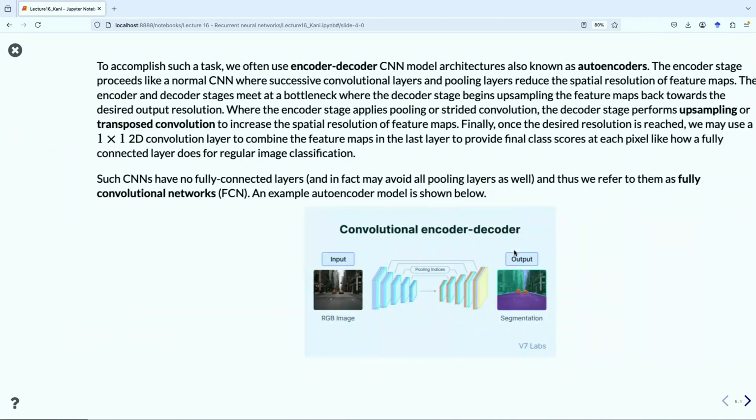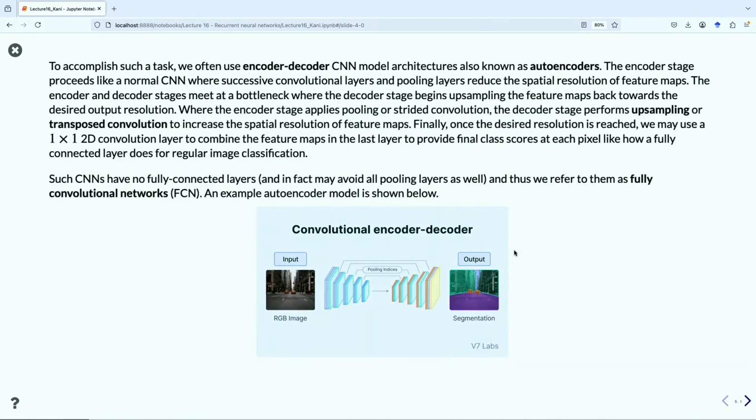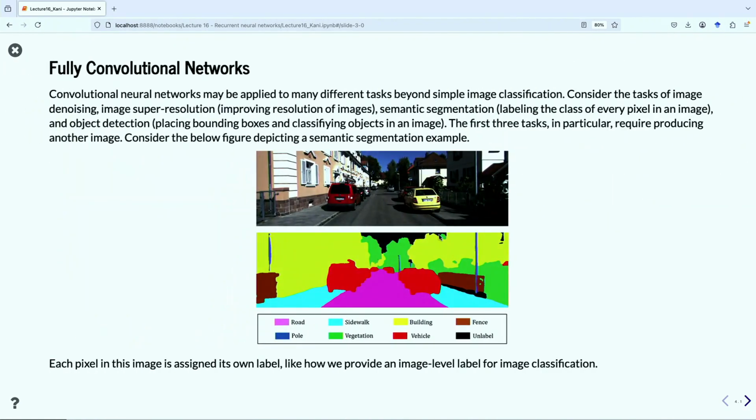To accomplish this, we have to realize the difference between what we need now versus what we did last time. Now we're taking in an n by n image. Last time we were just classifying whether the whole image was a car or a letter or a cat.